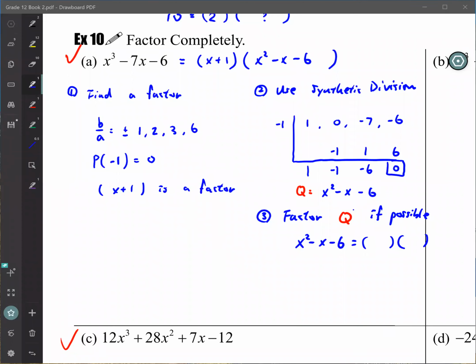Okay, so Donna, what do you have? The 2 factors for the Q here? X plus 2, x minus 3.